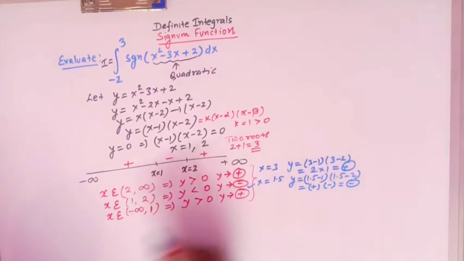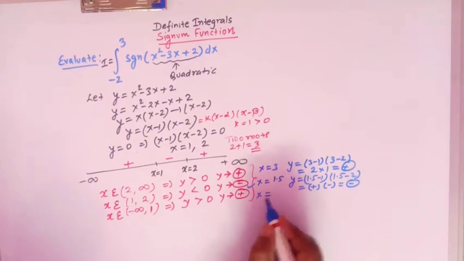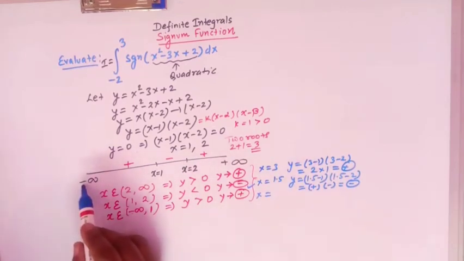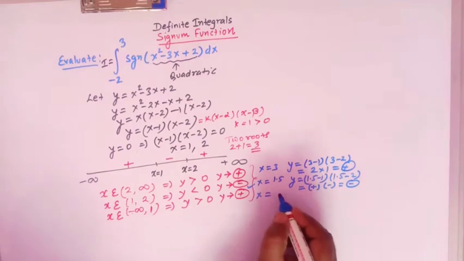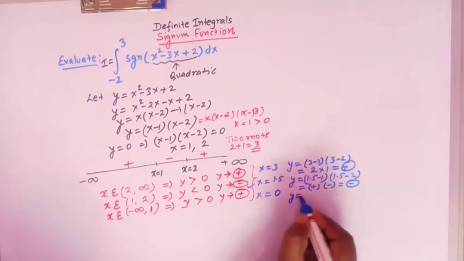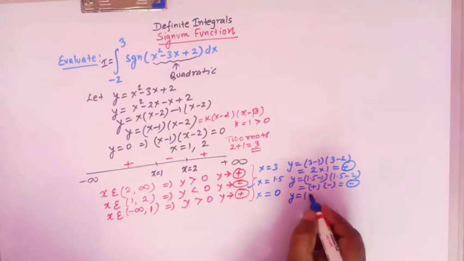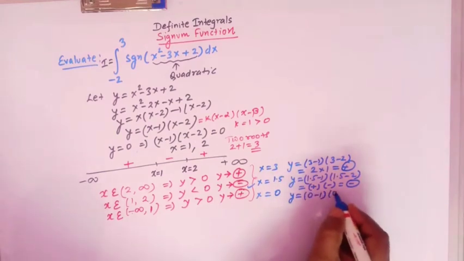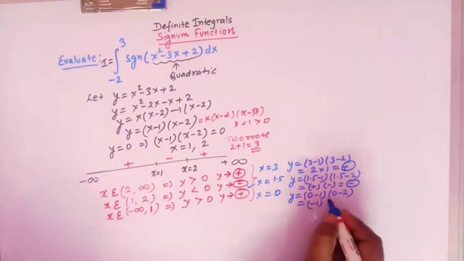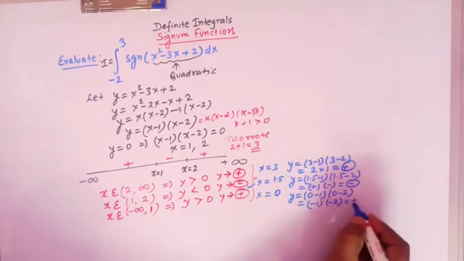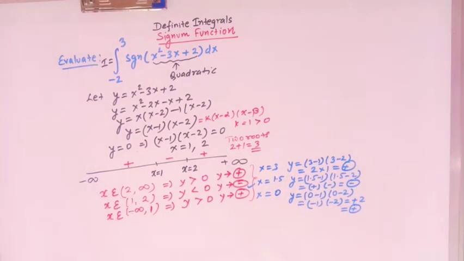Similarly, when we take a number between minus infinity and 1, say x is equal to 0, then y is 0 minus 1 times 0 minus 2, so we have minus 1 and minus 2. Minus 1 multiplied by minus 2 is plus 2, so this is a positive number.